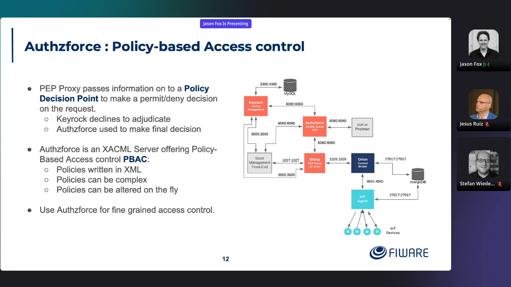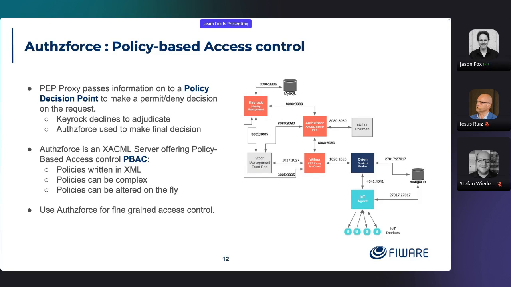What would happen with AuthZForce is that you'd need to have multiple elements in the system. Now, in this case, I'm the stock management front end. I'm a user, I've got a token or what have you. I go to Wilma.